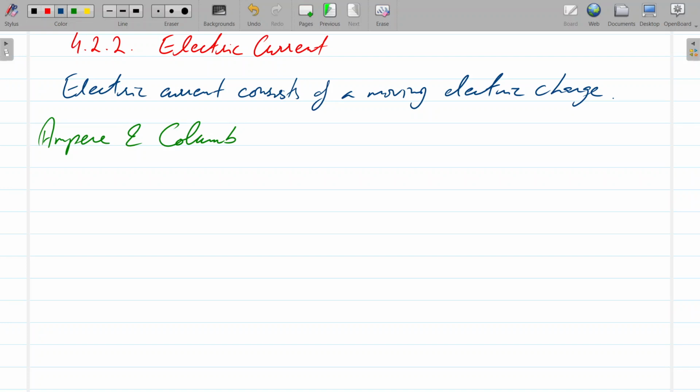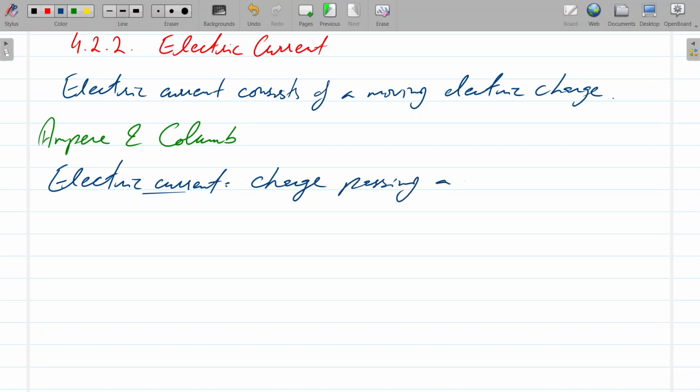All right, so an electric current, to define it properly, like very scientifically, a proper definition: it is the charge passing a point per unit time.